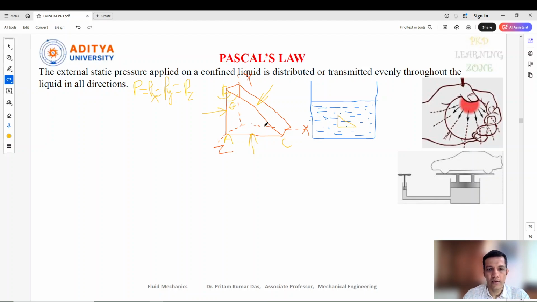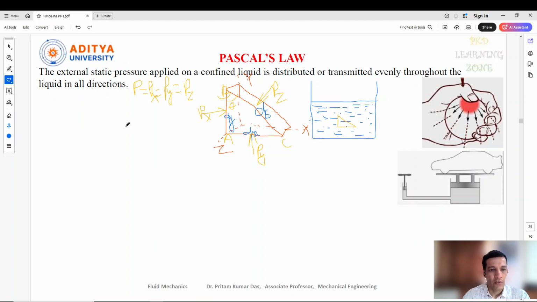Now the pressure applied here, let's consider this is Py, this is Px because it is in the x direction, and this is Pz, in the z direction. Let me give names to these sides. This AC side we can call dx, this length is dy, and this side is ds. So these are the names of the sides.